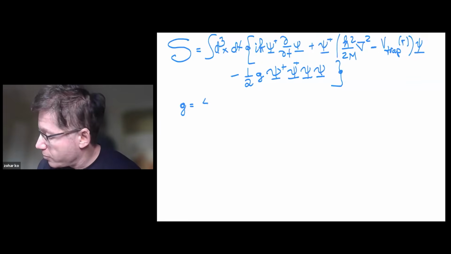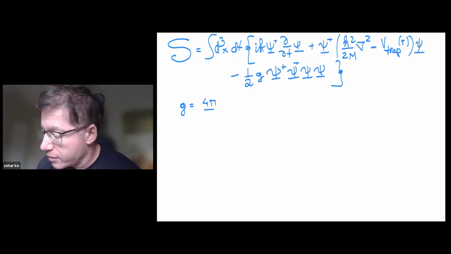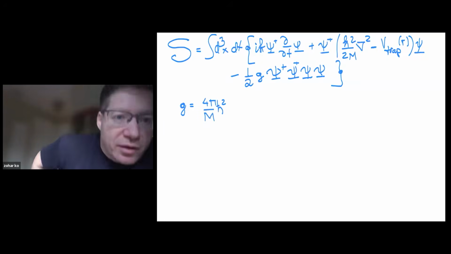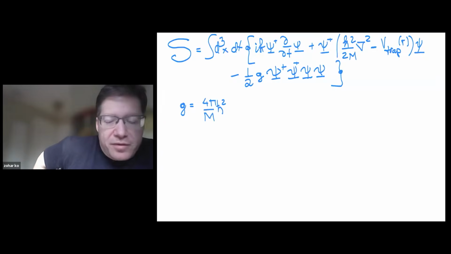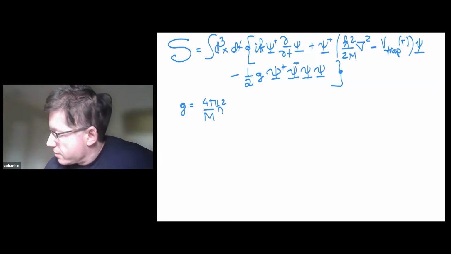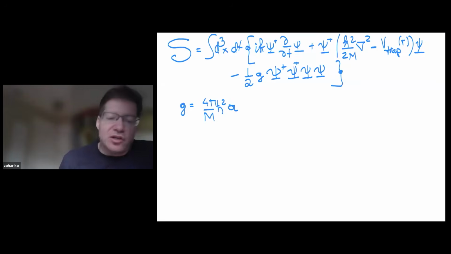If you work out the pi's by asking what is the scattering phase shift that this model predicts compared to minus ka, you'll find that G is 4 pi h bar squared over m times little a. So essentially, if you think about h bar and mass as dimensionless, which is kind of convenient, then G has dimensions of length, the scattering length.